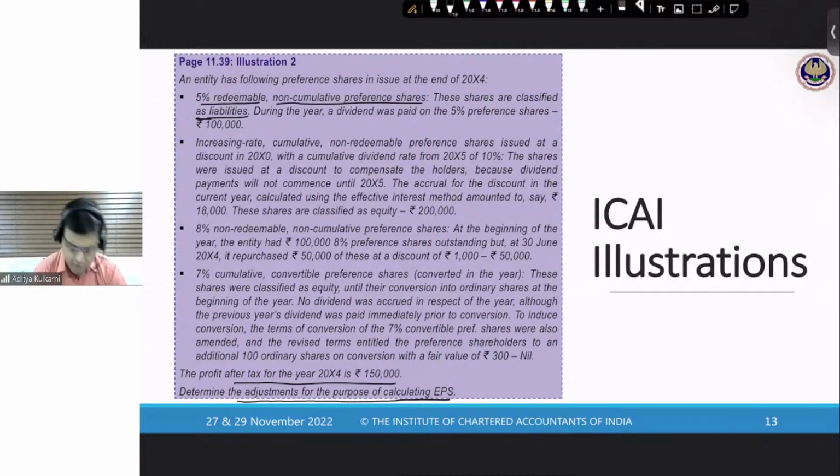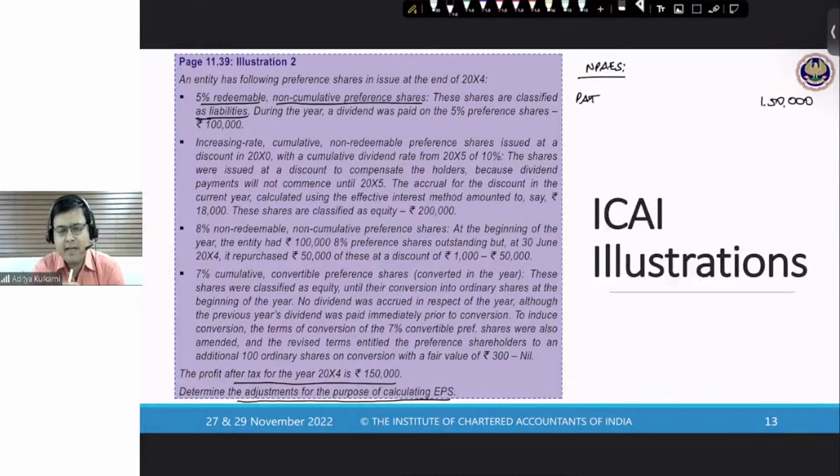So basically we have to find out net profit attributable to equity shareholders. Therefore we start off with PAT of 1,50,000. Next one: 5% redeemable non-cumulative preference shares, recognized as liabilities.